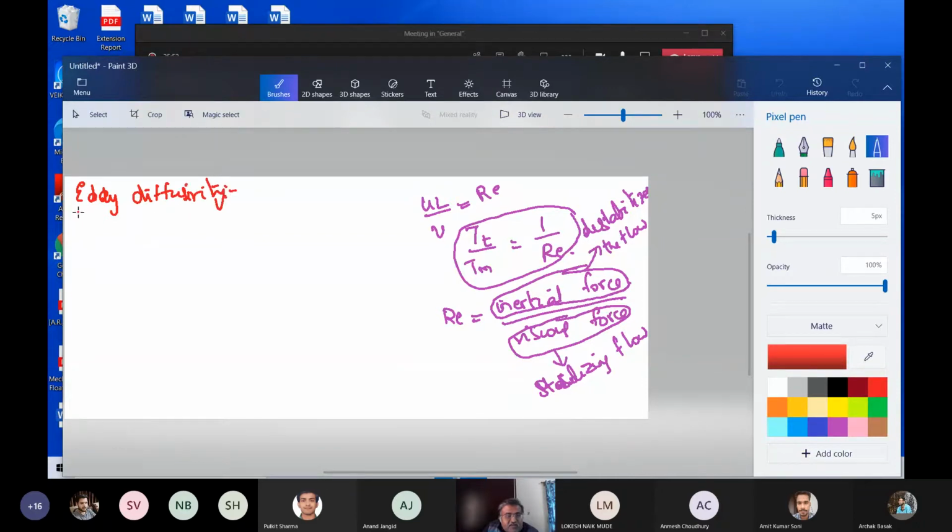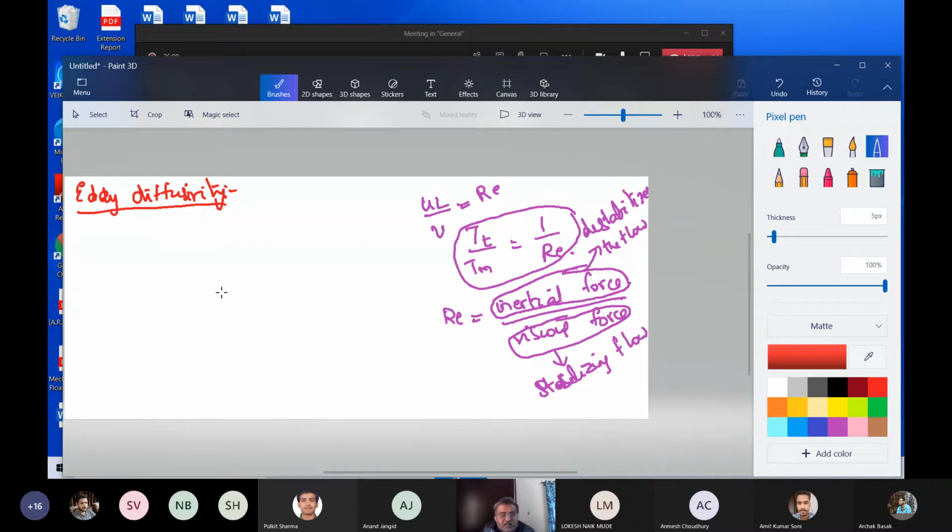Till now, you must have heard of kinematic viscosity, kinematic diffusivity, etc. But you wouldn't have come across what is meant by an eddy viscosity or an eddy diffusivity. Eddy viscosity is also part of the same thing.